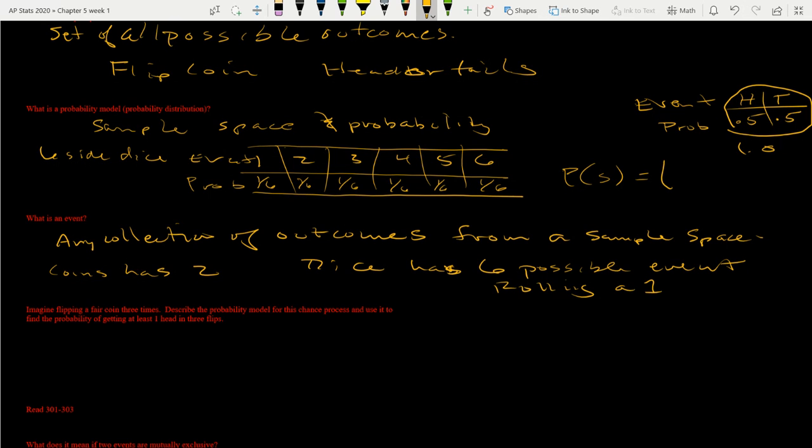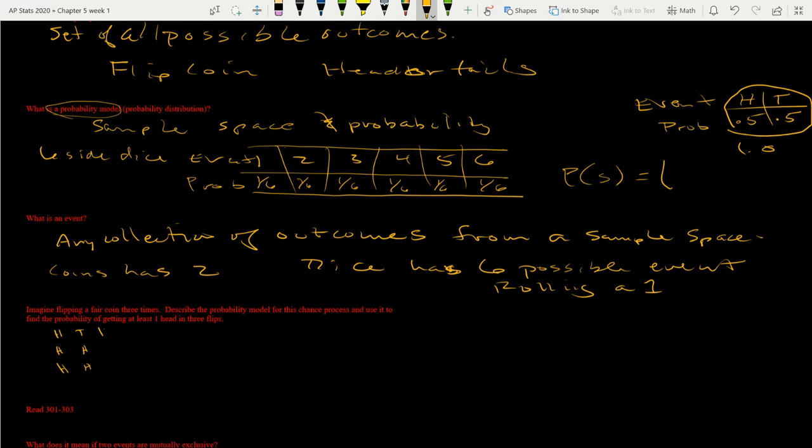So if we're looking at the idea of probability models, this is what they're talking about. So let's look at a probability model. So remember, a probability model is up here. It says, hey, let's look at a distribution of what this could possibly be. So if we look at this, you're going to flip a coin 3 times. So we'll just start with the possibilities. You can have 3 heads, and then you can have a tail and 2 heads.